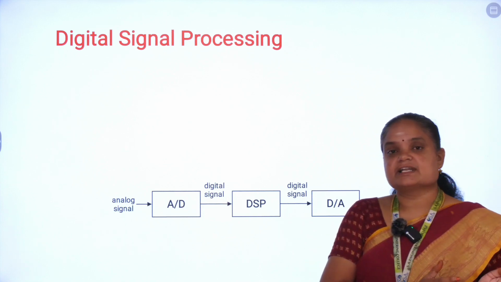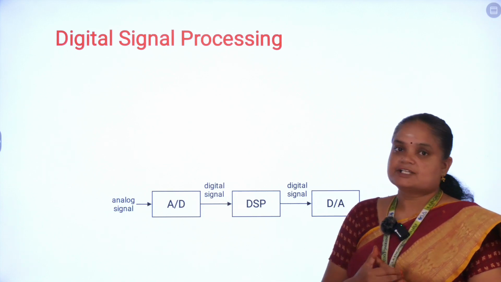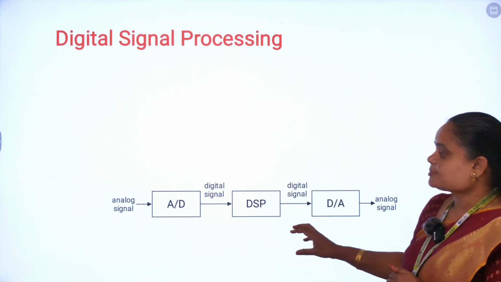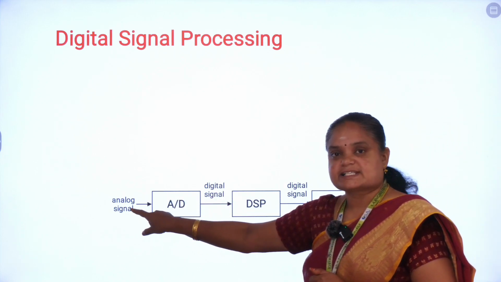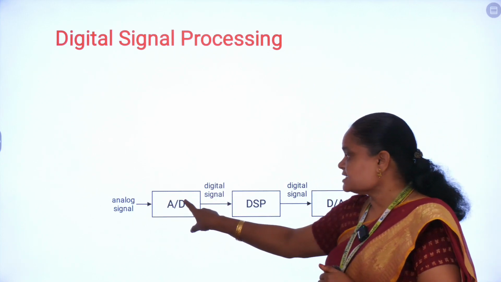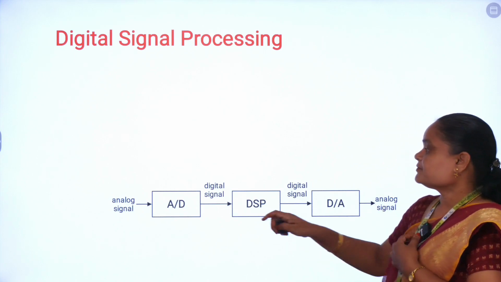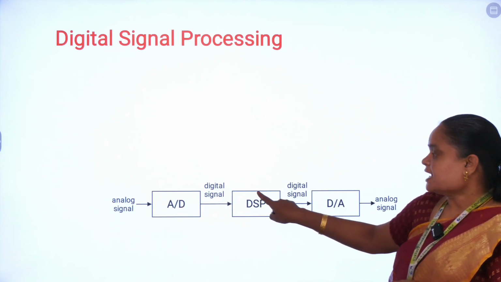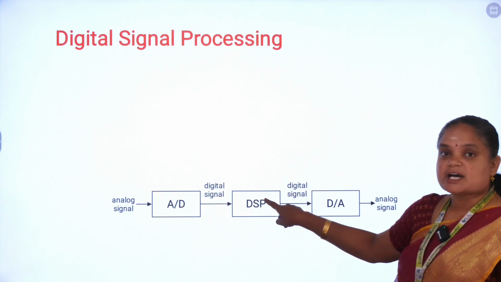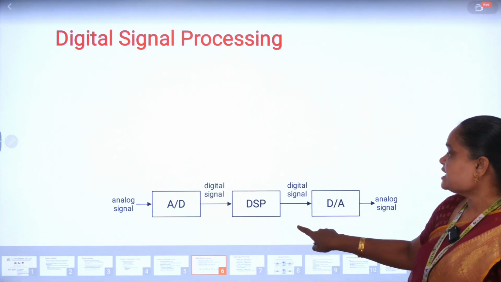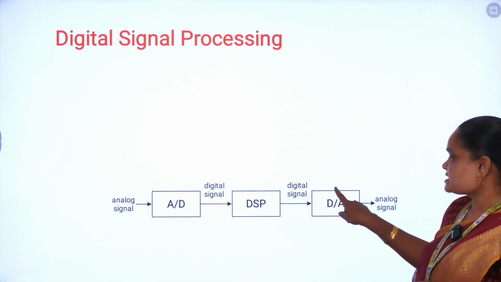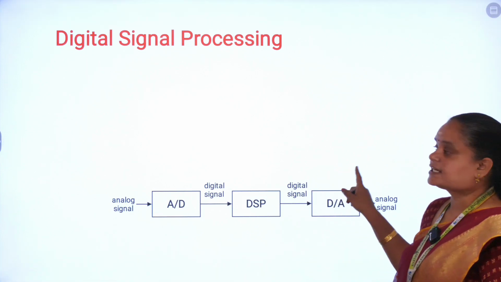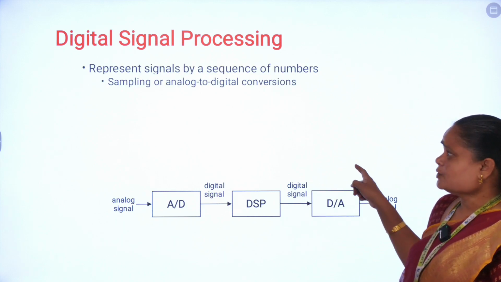And then what is digital signal processing? The limitations in analog signal processing are overcome by digital signal processing. In digital signal processing, we get a real-world signal as an analog signal. This analog signal is converted to digital with the help of an A to D converter, and then the digital signal is processed in digital signal processing. We get a digital signal. The digital signal is again converted to analog signal and given as output.